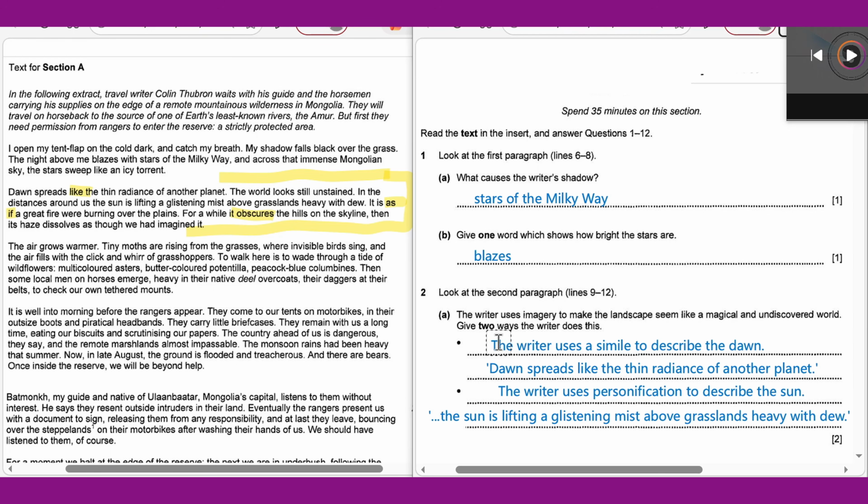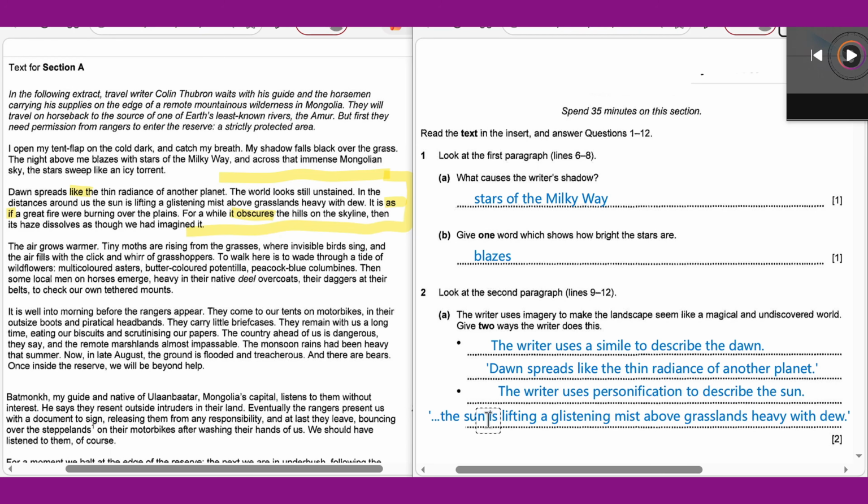The answer for this question 2a may vary from one student to another. The writer uses a simile to describe the dawn. The quotation: dawn spreads like the thin radiance of another planet. This one is a simile because it uses the word like to compare the dawn with the thin radiance of another planet. Next, the writer uses personification to describe the sun.